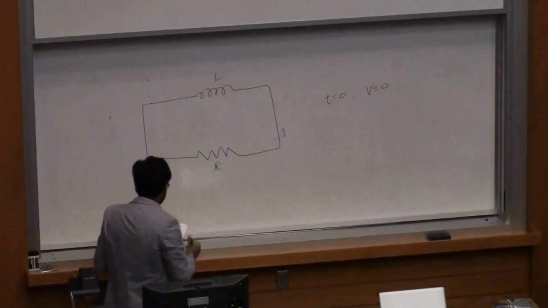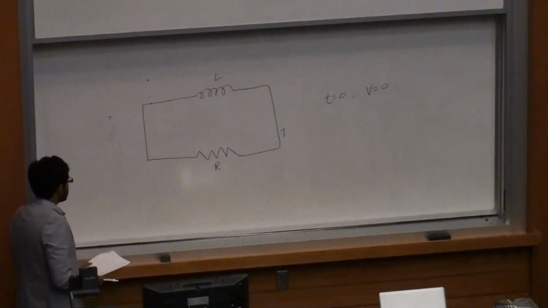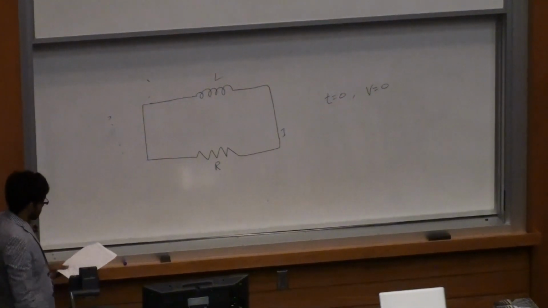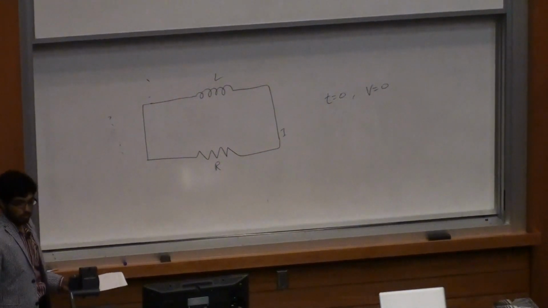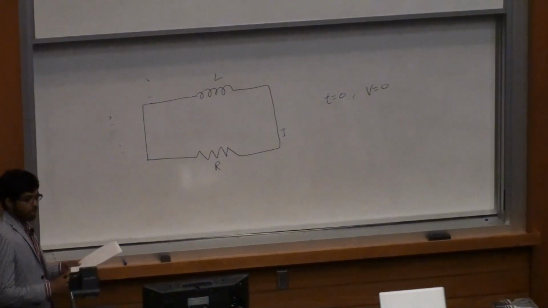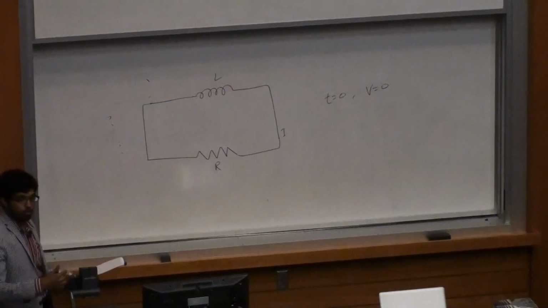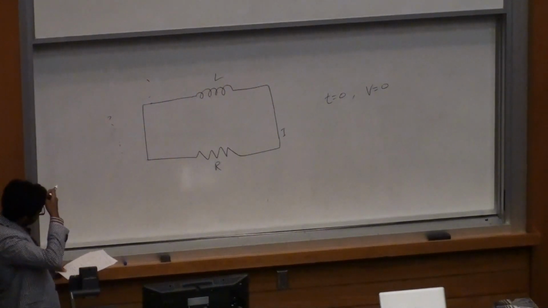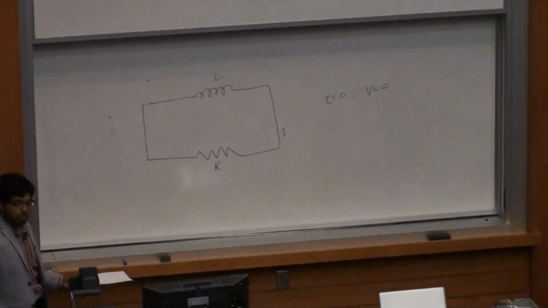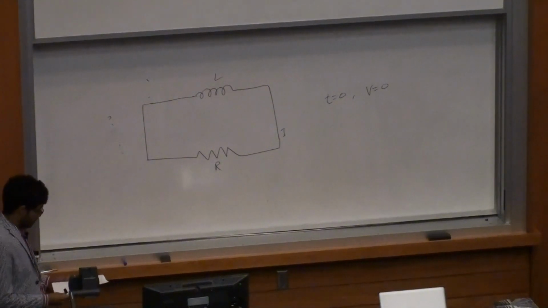So what's going to happen now? Well, the self-inductance doesn't like the fact that the current is going to go down. It doesn't like the changing current, it doesn't matter if it's going up or down. Because it doesn't like the change, it's going to fight it, so it's going to prevent the current from going down as fast.